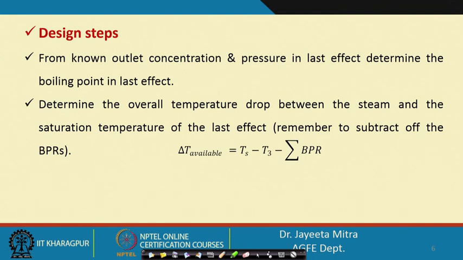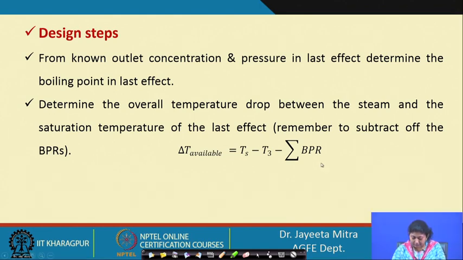So, the total delta T that we get in the case of a triple effect evaporator will be Ts minus T3 minus boiling point elevation. If you want to understand how this is generated, we know that Ts is the temperature of the steam that is entering the first effect.